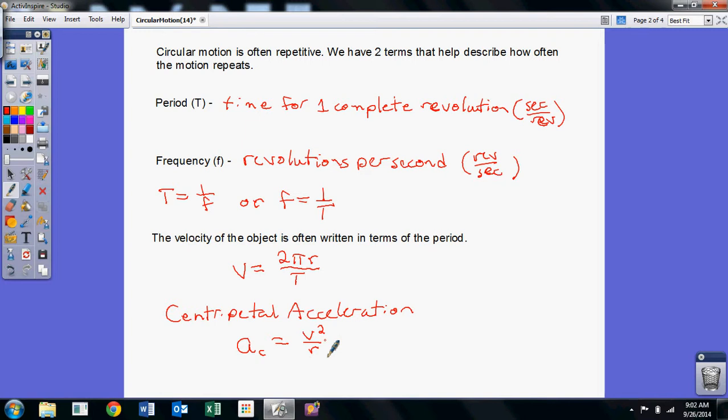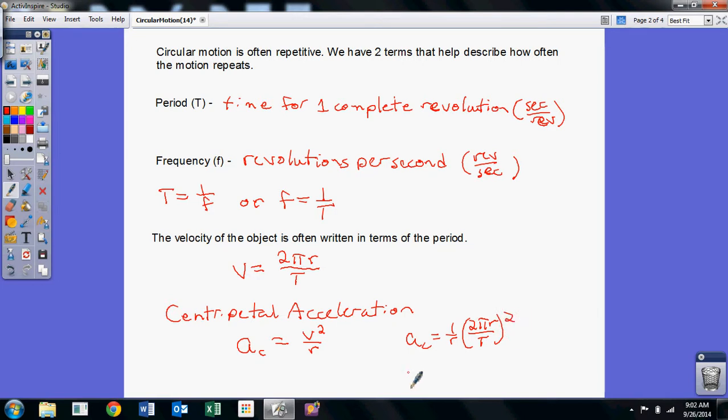I could also write this in terms of the period. If I substitute the velocity into that equation, I'd have 1 over r times v, where I substitute in 2 pi r over the period, and I square that.